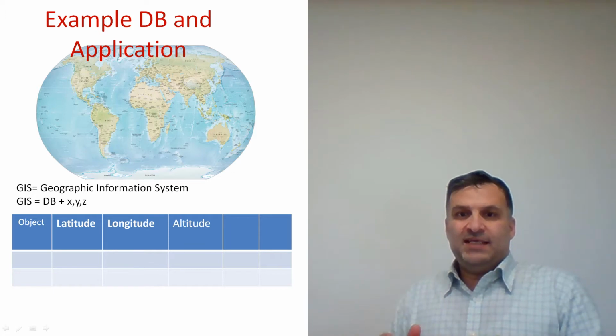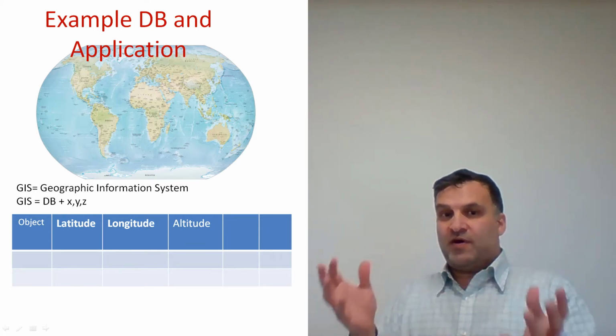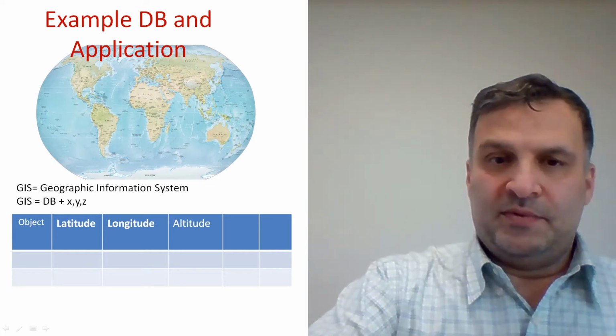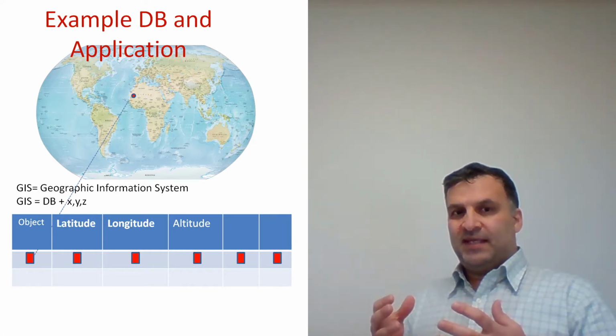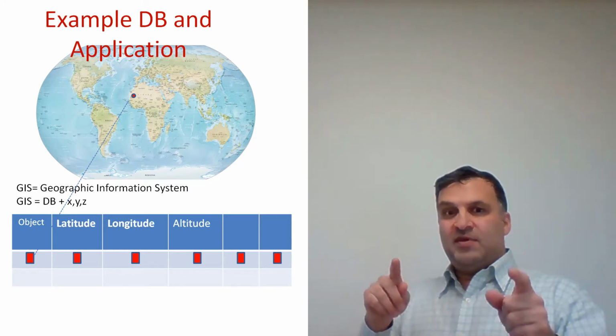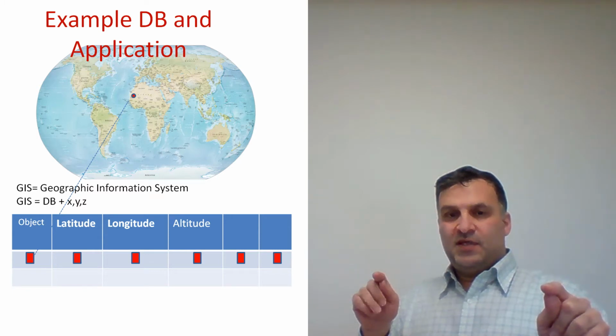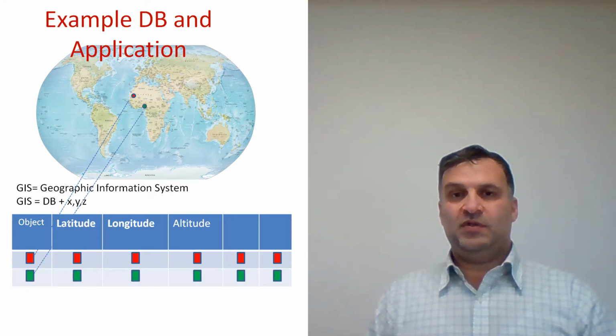So we specify the localization of a point over all the globe. And if we specify the localization, we can calculate, for example, the distance between 2 points. We can know if one point is near or far from another point.